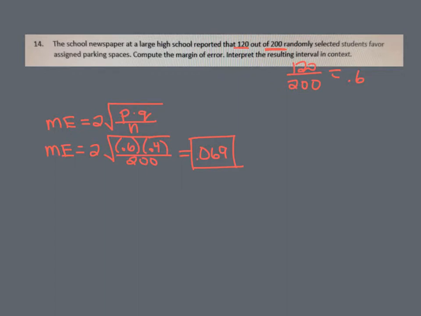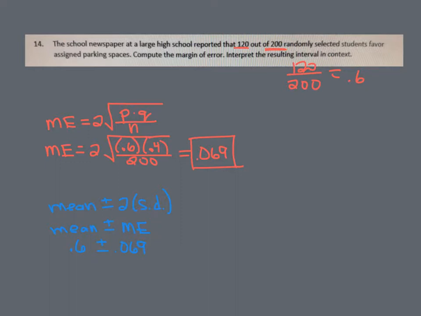All right, well, when they say the resulting interval, they're talking about the 95% confidence interval. Or, in other words, the mean plus and minus 2 standard deviations, or the mean plus and minus the margin of error. Okay, so we know our mean is 0.6, and we just found our margin of error to be 0.069, and I'm just approximating here.